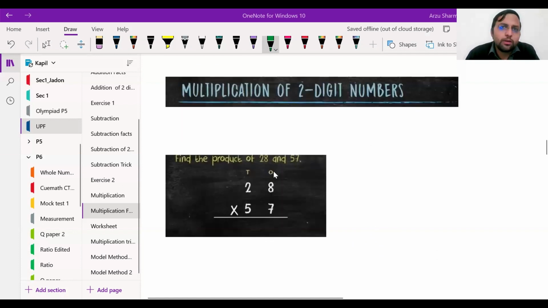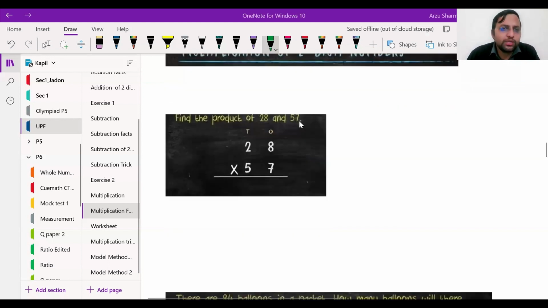Now multiplication of a 2-digit number with another 2-digit number. So basically we have two 2-digit numbers. How many of you can solve this quickly? Do it and respond in the chat box.